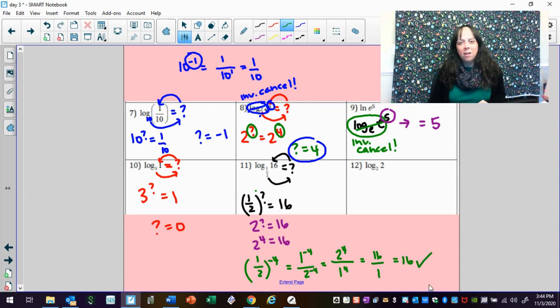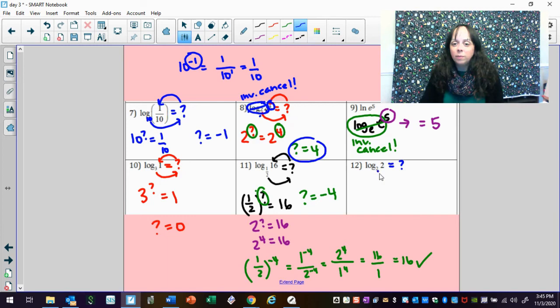You see how I got there? It's a hard one, okay? 1/2 to a negative 4th power. The negative is going to flip it into a whole number 2. The 4th power, 2 times 2 times 2 times 2 is going to give you that 16. So that missing number is a negative 4, is what our exponent needs to be. That's hard.